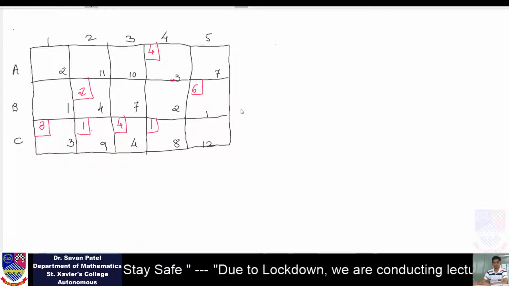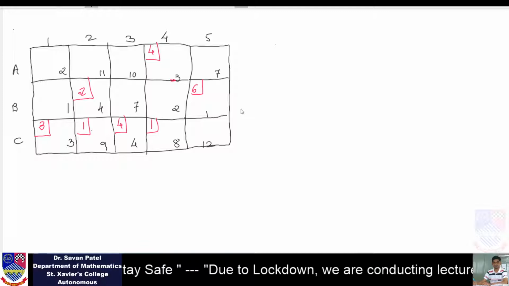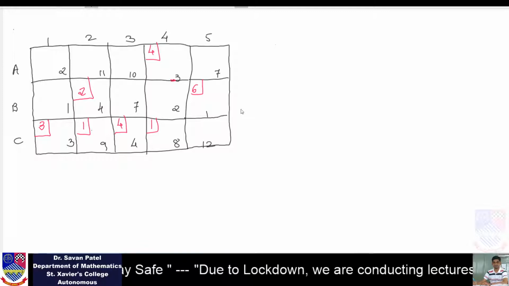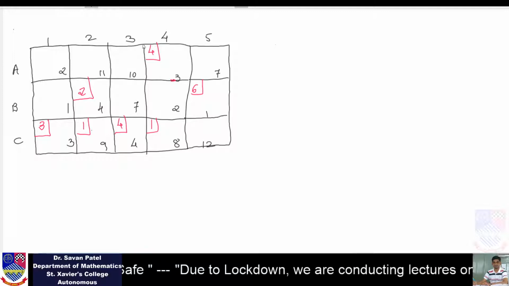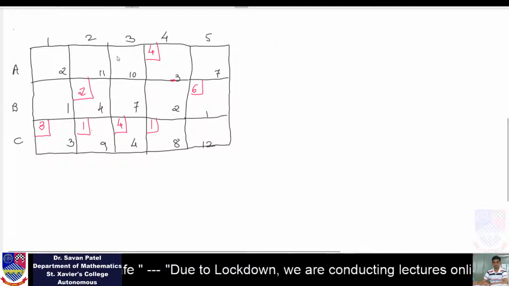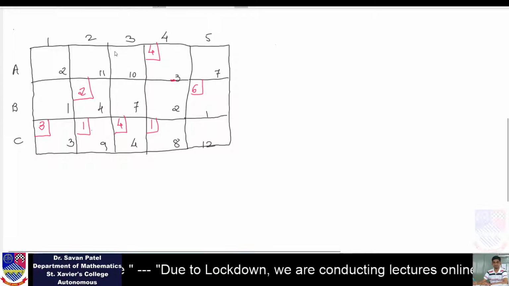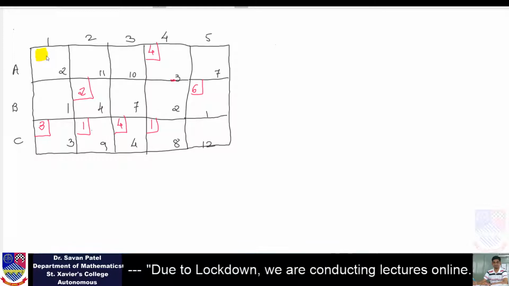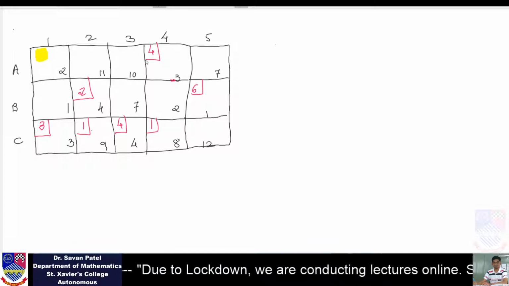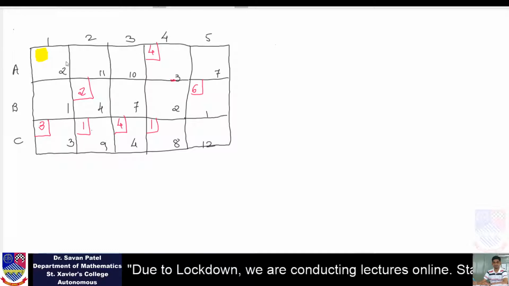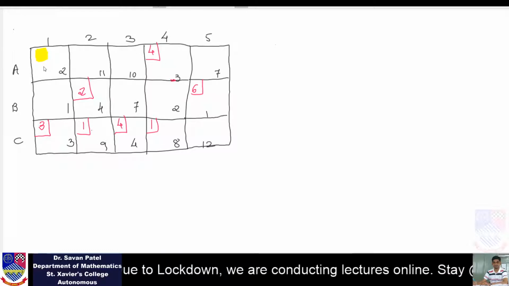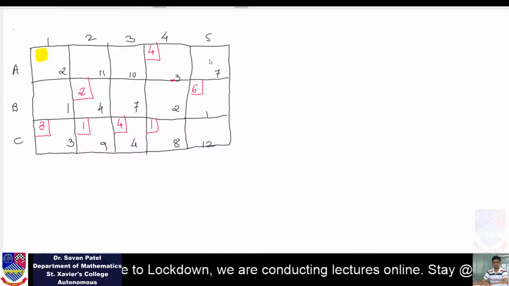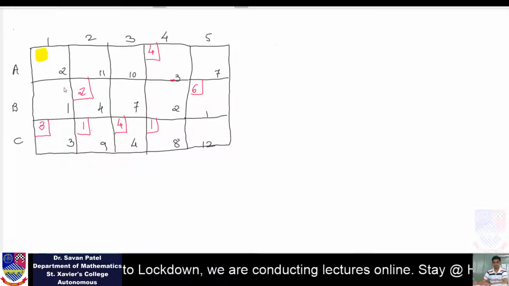Now I want to identify whether this solution is optimal or not. So the best thing is to check this. Here, for example, we are not transporting anything. If I want to transport, all the possibilities are that we can allocate from any of the cells to get another solution.